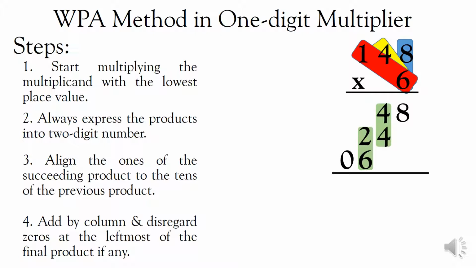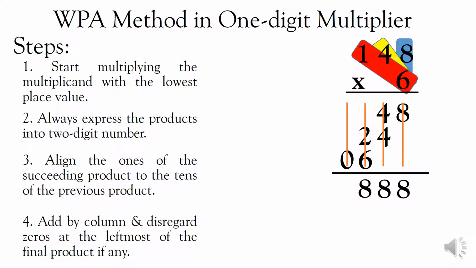So the first column has the sum of 8, the second column has the sum also of 8, the third column has the sum of 8, and the last column has the sum of 0. Since there is a 0 at the leftmost of the product, we will remove or disregard it. So the answer will be equal to 888.